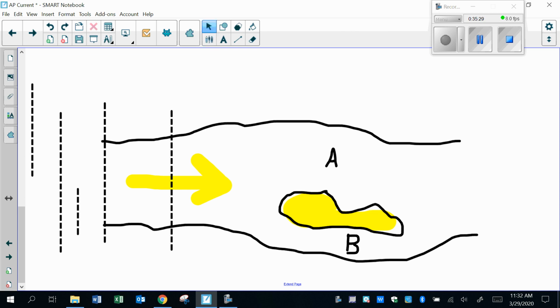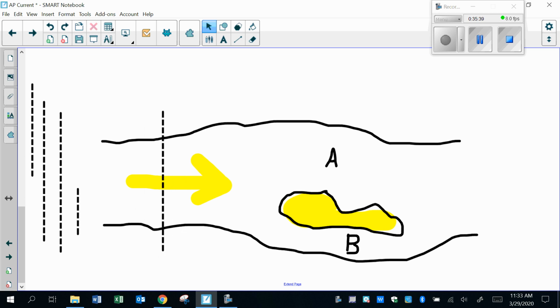The junction rule says that I'm going to have the same flow rate in and out of any location. If I look at one single location, this first dotted line, the current coming in here and the current coming out here have to be the same. There's one single route, so that's kind of Captain Obvious: when it comes in, it goes out.